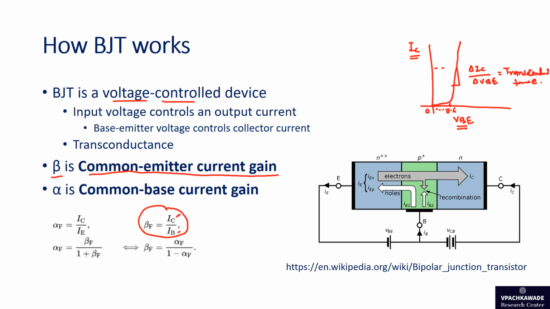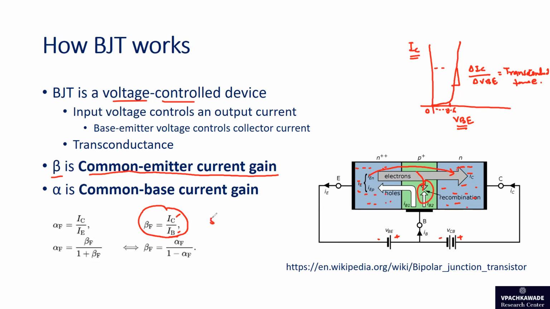Collector current is how many electrons you eventually collected, that traveled from emitter to the collector when we apply forward biasing and reverse biasing as shown here. So beta indicates how many of them got collected and made up the collector current, and how many of them got recombined in the base region, which forms the base current.